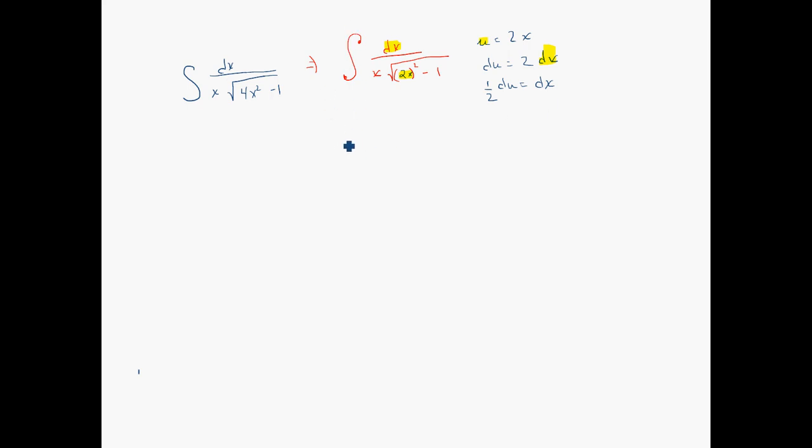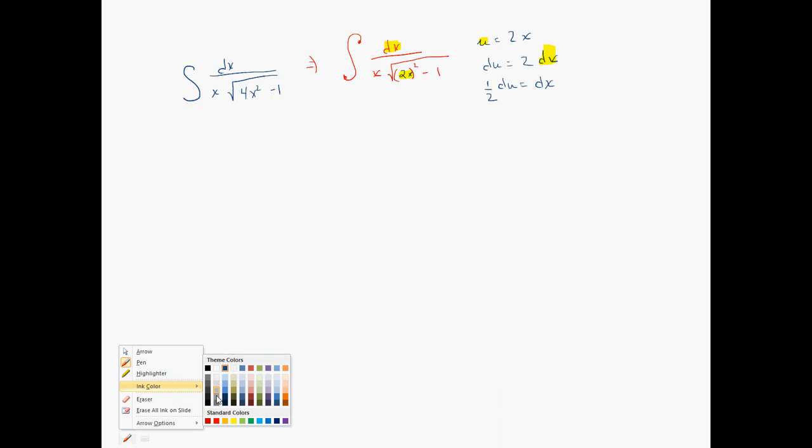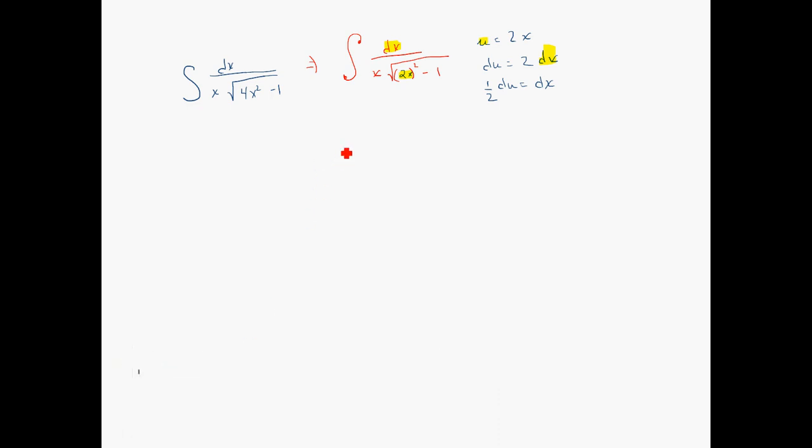So now when I go to do a direct substitution, though, something weird happens. I have an integral. I'm okay making the dx. The dx part I'm going to put first is 1/2 du. That's just the dx. For the dx, I put 1/2 du.